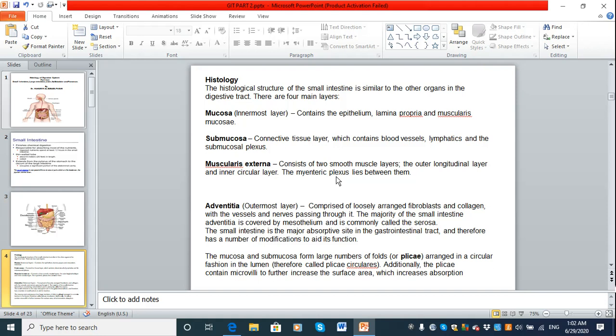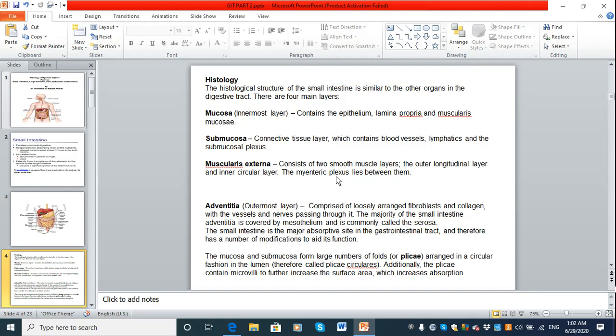But because the small intestine has a number of modifications, these modifications help it do its function. The main function of the small intestine, as I said, is absorption, so we need a large number of folds. Let me explain what folds mean.